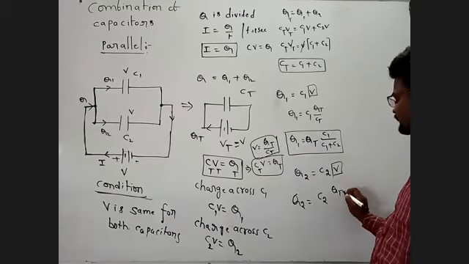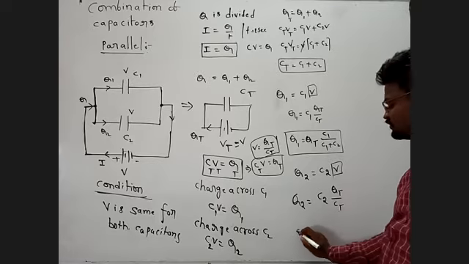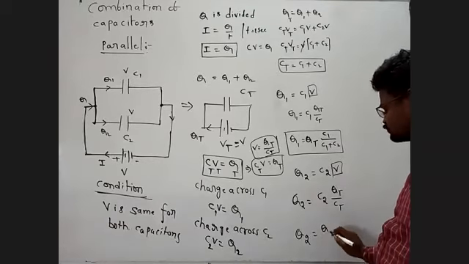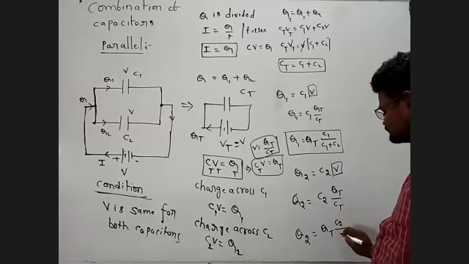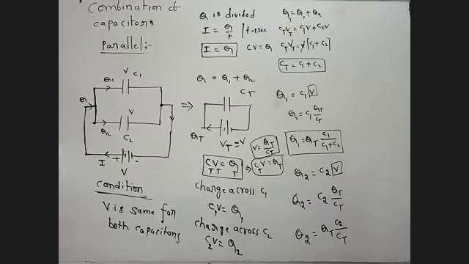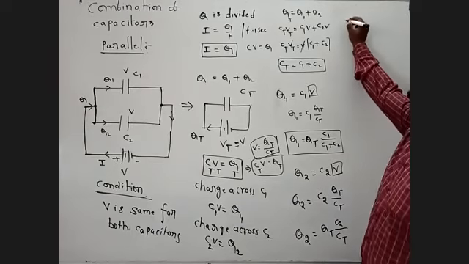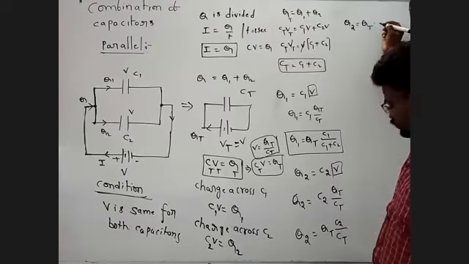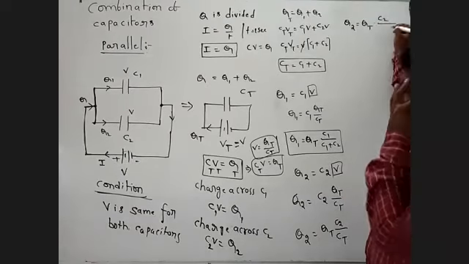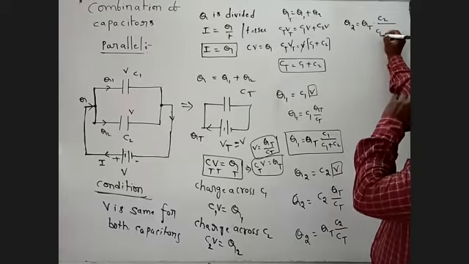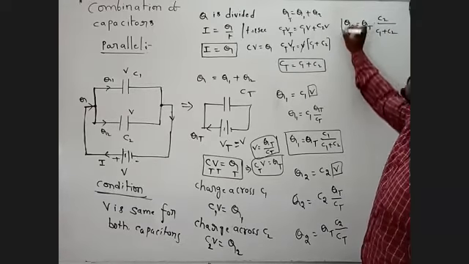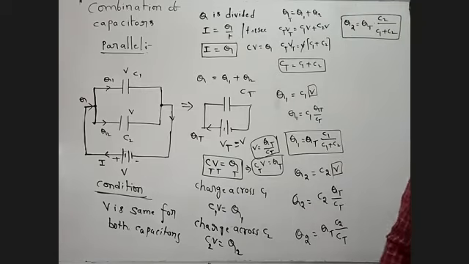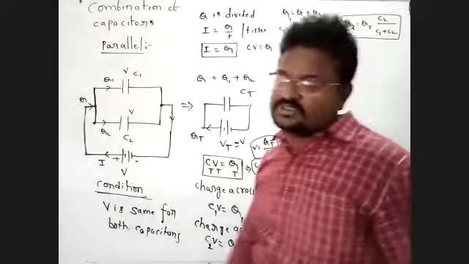So Q2 is equal to Q total into C2 by C total, where C total means C1 plus C2. This is the charge across the C2 capacitor.